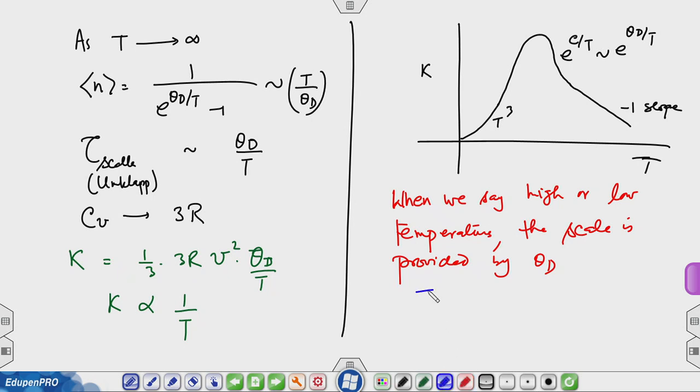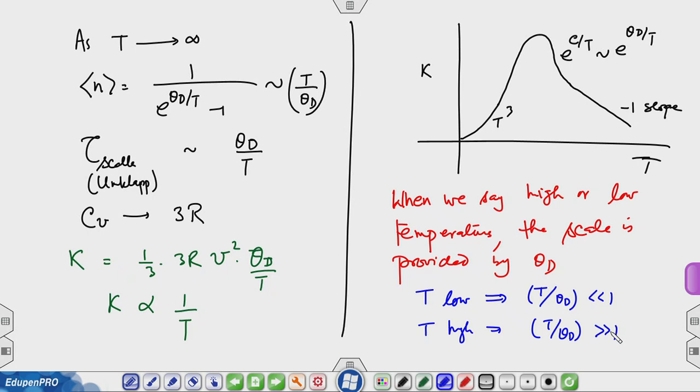So, T low implies T over theta d is much less than 1. T high implies T over theta d is much greater than 1. So, that is the kind of natural scale for temperature here.